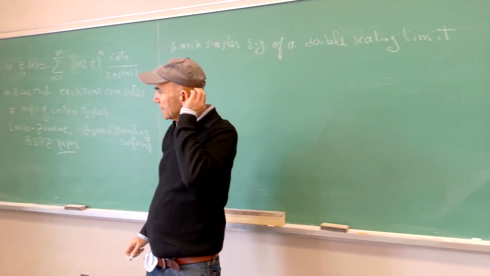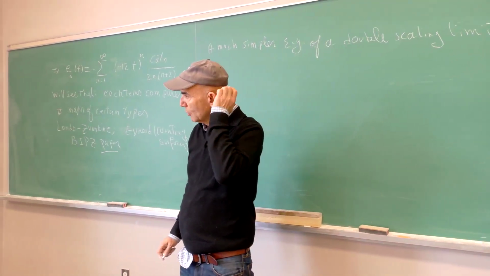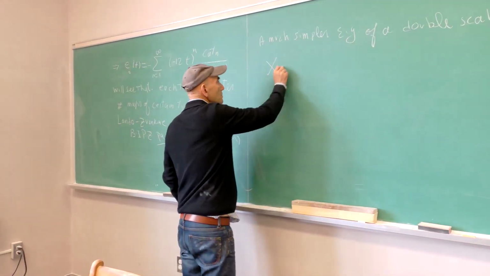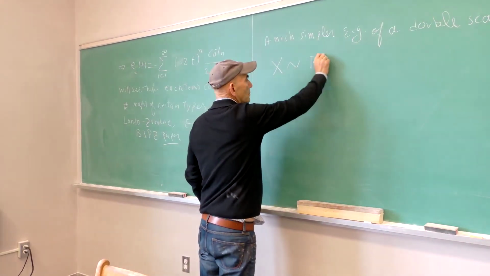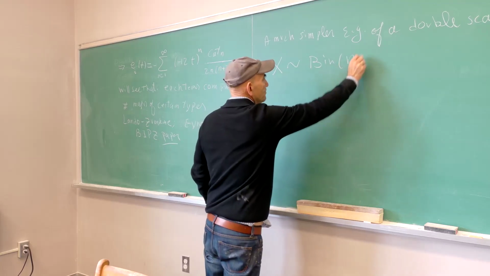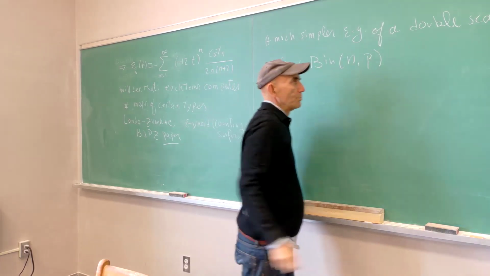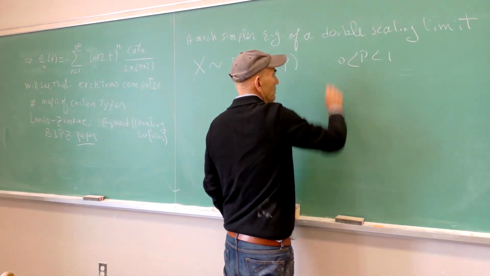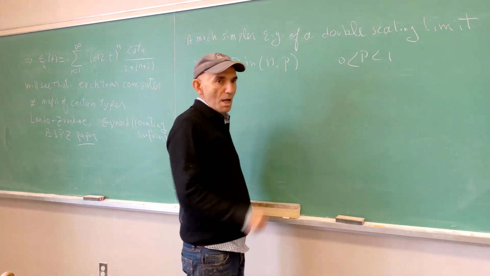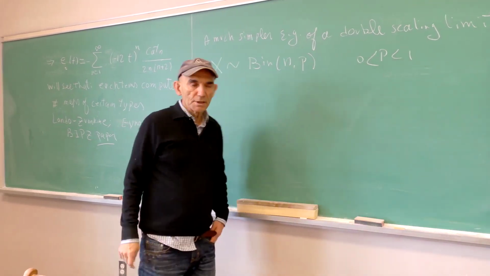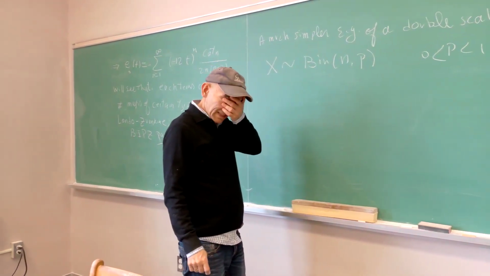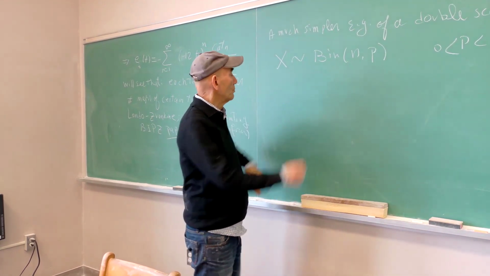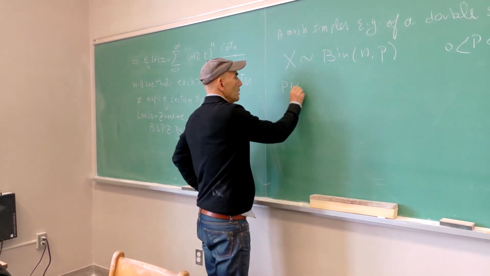So you consider a binomial random variable or distribution, binomial with parameters N and P, where P is the probability of success, between 0 and 1, and N is the number of trials.